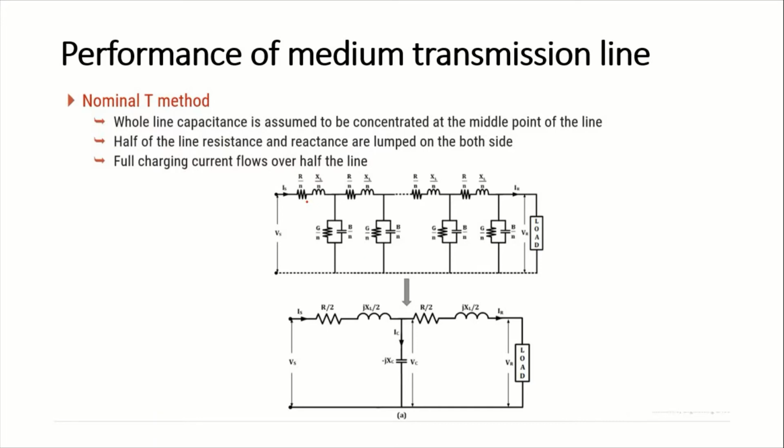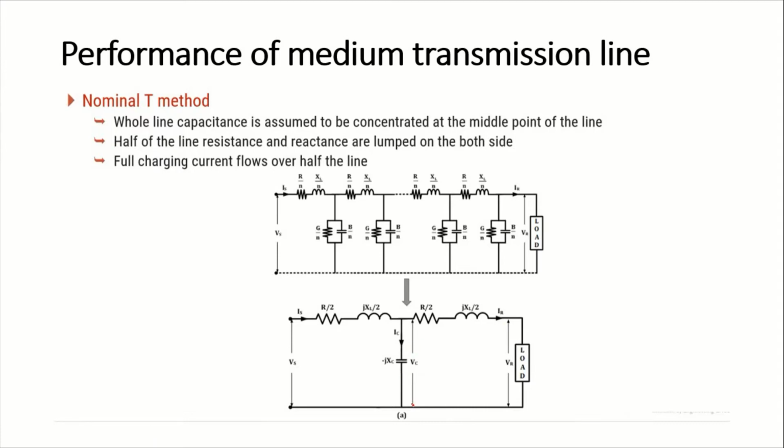So the total series resistance and series inductive reactance are divided into two parts: R/2 and jXL/2 on the left side, and R/2 and jXL/2 on the right side, and in between them the capacitance is connected.